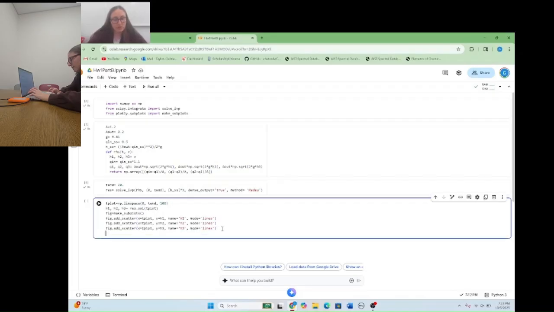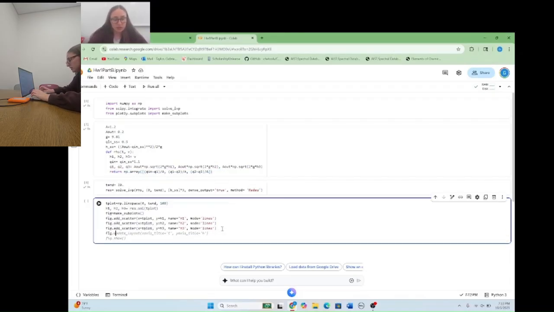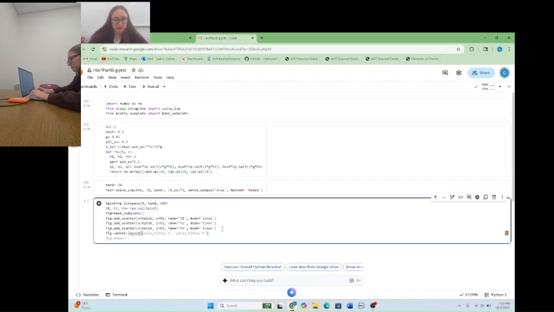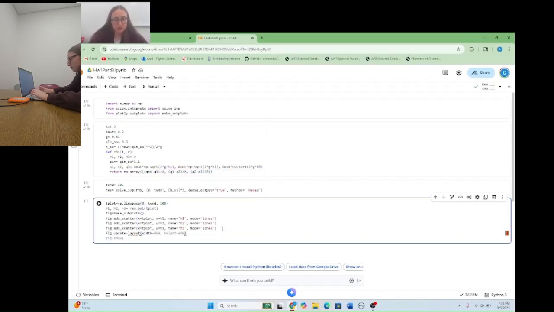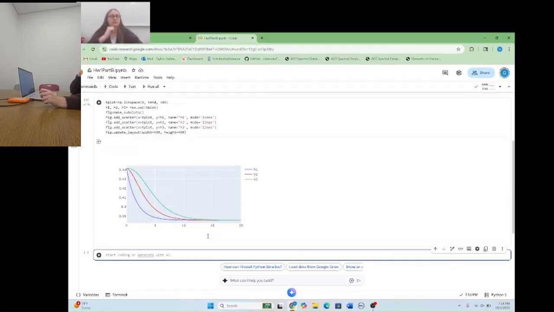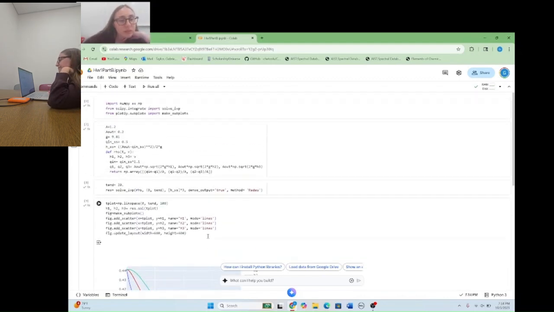Okay, now let's just do our fig.update_layout. So our width is going to equal 600. Our height is going to equal 400. And that needs to be an underscore there. Okay, let's see. No, that's not correct.